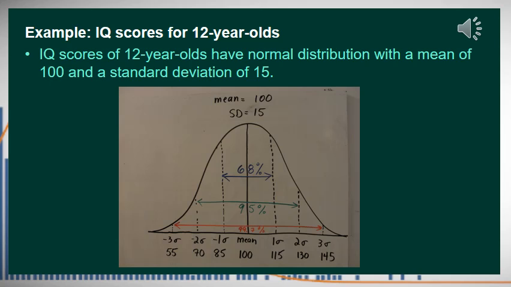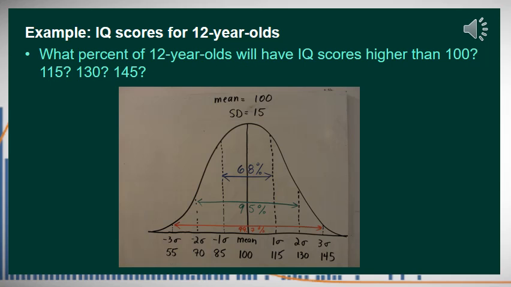A lot of them, more than half, fall between minus 1 standard deviation and plus 1 standard deviation. 95% of kids will fall between minus 2 and plus 2 standard deviations, between 70 and 130 points. And almost all kids, more than 99%, will fall between 55 and 145 points. This is minus 3 standard deviations and plus 3 standard deviations.